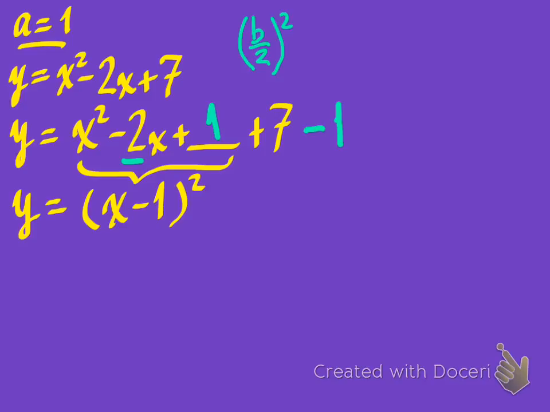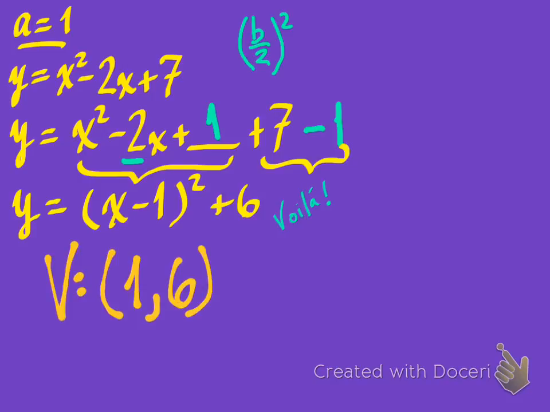But now I've got 7 minus 1. That just equals 6, and I am done. Voila, it's in vertex form. In fact, I can now tell you right away that the vertex is (1, 6), and if I was to graph that on my xy axis, I'd nail down the vertex at (1, 6), and then I would just proceed to sketch my parabola from there.